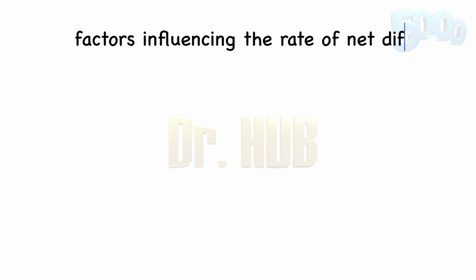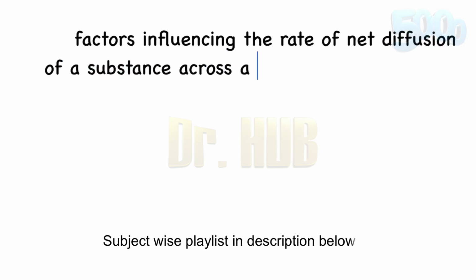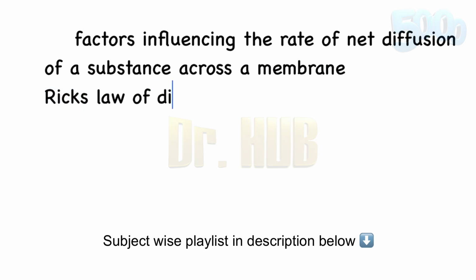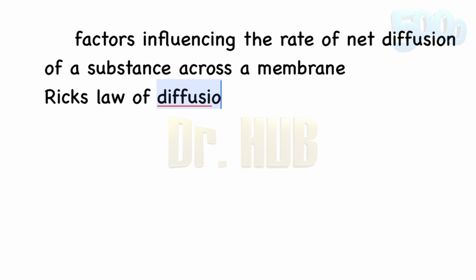Let's look into the factors influencing the rate of the net diffusion of a substance across a membrane. The first one is Fick's law of diffusion. Fick's law of diffusion includes J, which is the rate of diffusion.